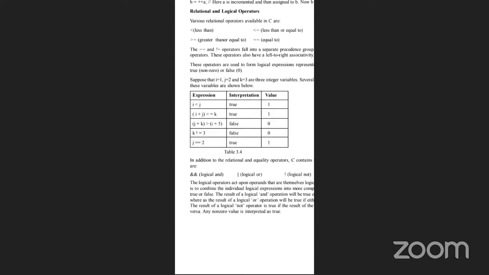In addition to the relational and equality operators, C contains three logical operators. They are logical and, logical or, and logical not. These are the symbols used for that.